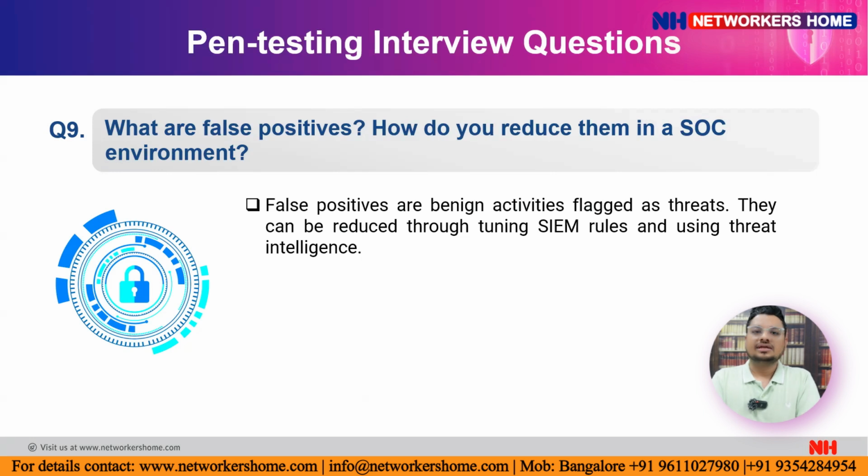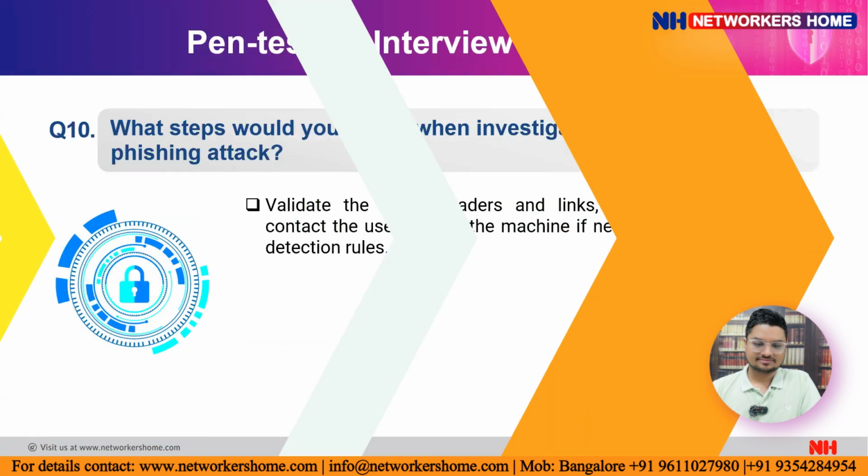So when something looks good and valid but a log is still generated, that is called a false positive. Here you can see a false positive is benign activity flagged as a threat. It can be reduced by tuning SIEM rules or using threat intelligence.